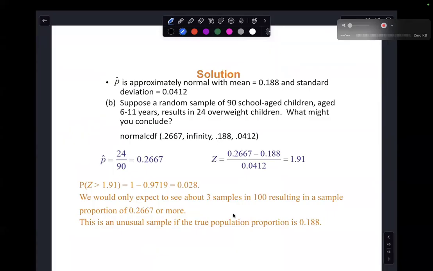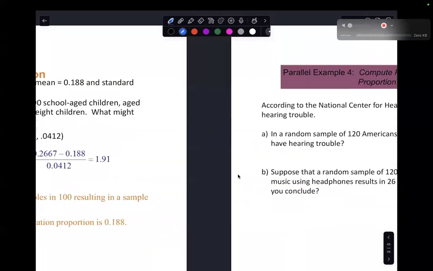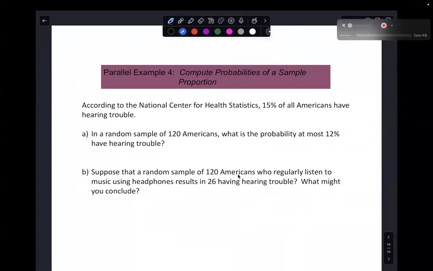See, they use Z-scores again. I'm not going to have you do Z-scores because I think it's just extra work. Their number is slightly off of ours because I'm not going to use Z-scores.